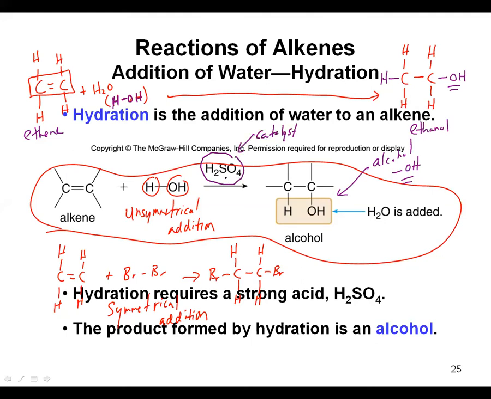Sometimes they'll put H plus on top to indicate there's an acid. This will have no effect on the product being made. Sometimes people will try to incorporate that catalyst into the product. Remember, a catalyst is just there to make the reaction occur faster. So don't try to incorporate it into anything.